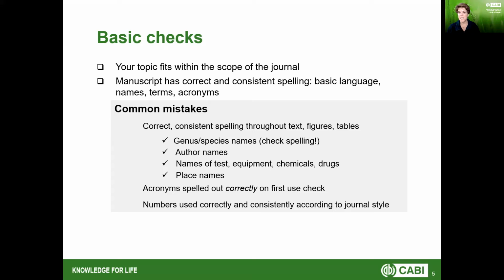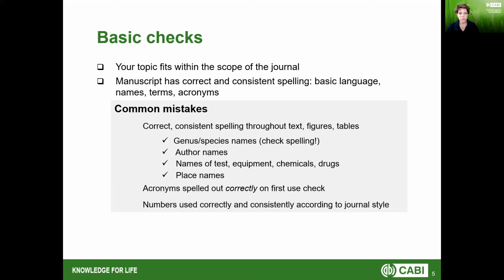Common mistakes that editors and journal staff see all the time are problems with genus species names, inconsistency or misspellings in authors' names, the names of certain kinds of tests or equipment or chemicals or drugs, and also place names.